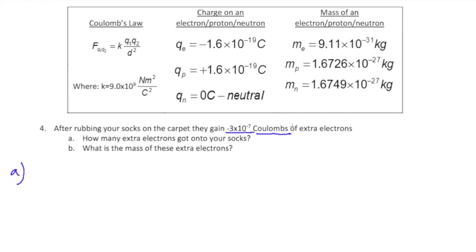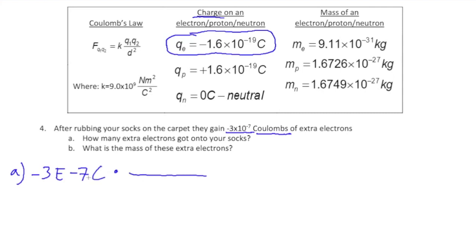So if it's talking about coulombs here, which we said is our charge, we're probably going to need our number that deals with coulombs of charge right here. And this is telling us that 1 electron is equal to -1.6 times 10 to the -19th coulombs. So if I set up my equation, I have -3 e to the -7th coulombs times, well, I have coulombs on top here, I need coulombs on the bottom here.